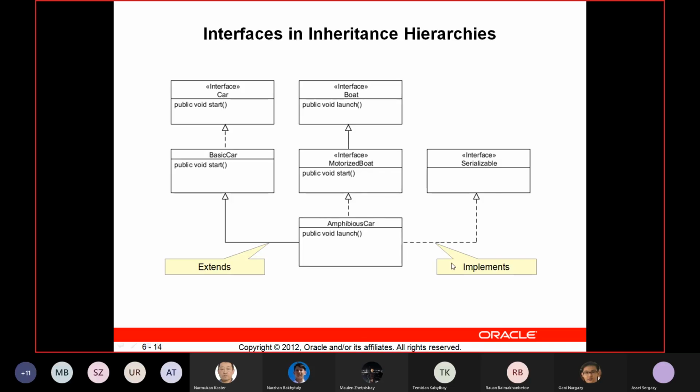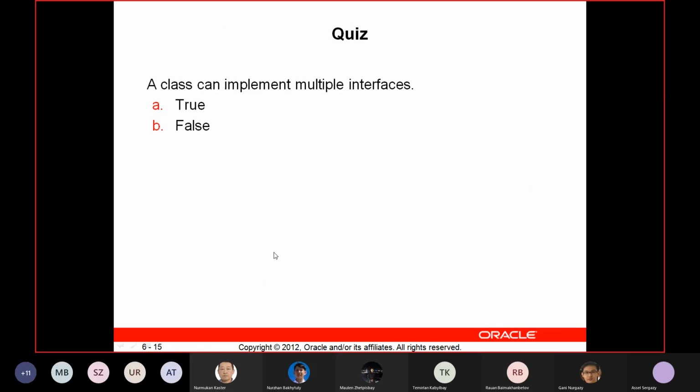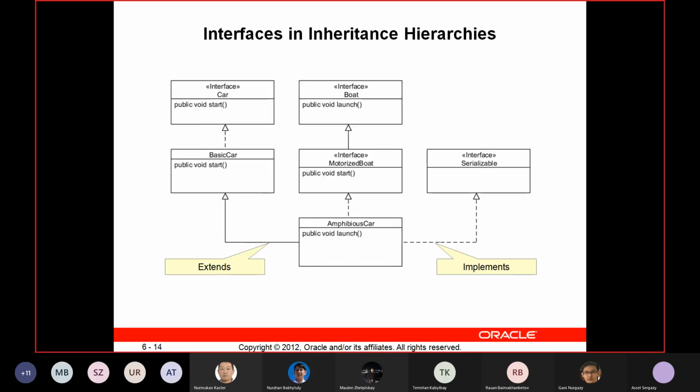Definitely if you're using a dashed line, you think that this is interface implementation. If you're using a line linking a class to a class, you think that this must be extension. Okay. There's a question that a class can implement multiple interfaces. Of course, we already said so, it is true.